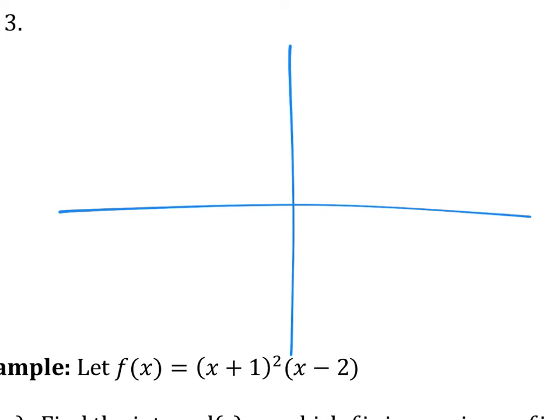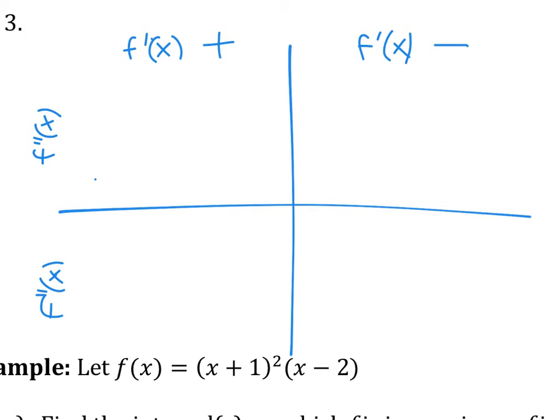Okay, we're going to put first derivative here. We're going to put second derivative here. And then first derivative here is positive and it's negative here. And then second derivative is positive and negative here.